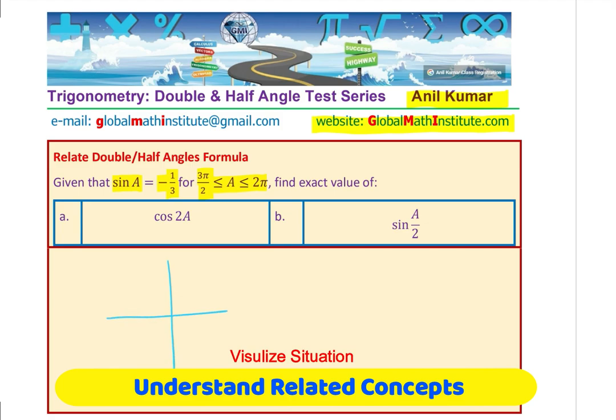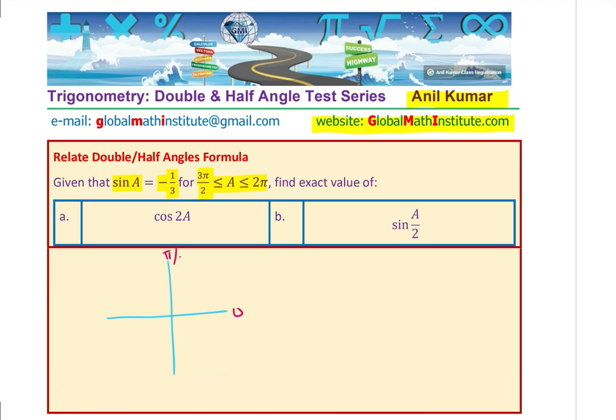when I say that A is between 3 pi by 2 and 2 pi, so this is 0, that is pi by 2. This is pi and this is 3 pi by 2, correct? So A is in quadrant 4. So in quadrant 4, cosine is positive, right?